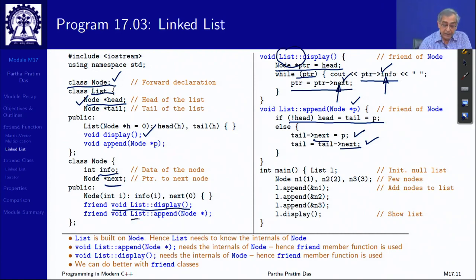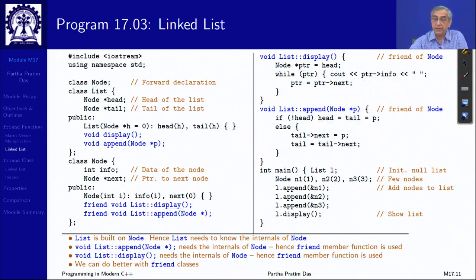So, I also make this a friend function. You can see the earlier example of vector matrix multiplication was using a global function as a friend of two classes. Here we are making the member functions of one class friends of the other class, so that they can cross communicate in this manner. These are typical situations where friend really can help you, and you can run this example to see.